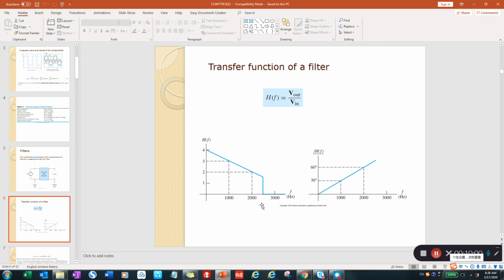If your frequency is 2000, then you can see your amplitude is 2. That means you amplify your signal of frequency 2000 by 2 times. But if your signal has a frequency of 3000, you can see here it is 0. That means if you have a frequency of 2500 or higher, then this signal will be filtered out.